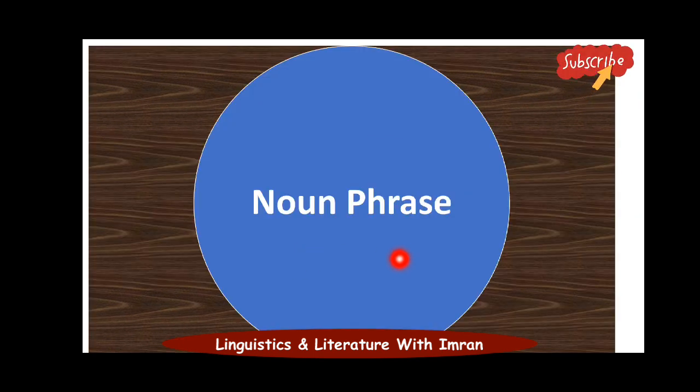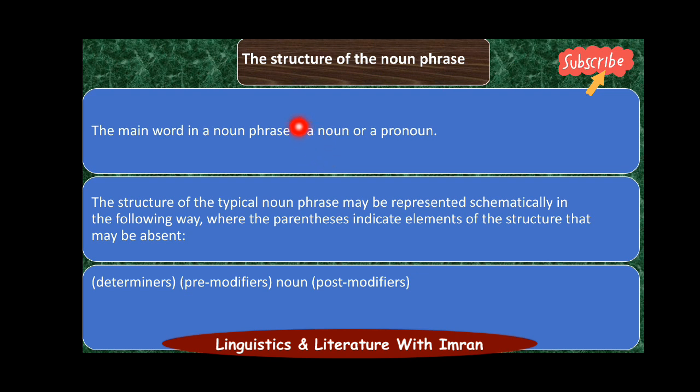Now we will discuss in detail the noun phrase, the structure of the noun phrase. The main word in a noun phrase is a noun or pronoun. So even a pronoun can be a noun phrase, or even a single-word noun. For example, student is a noun phrase.